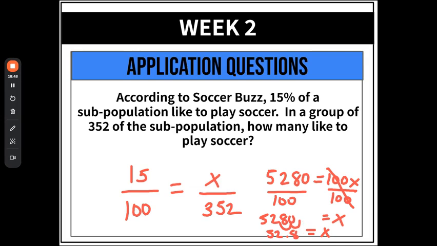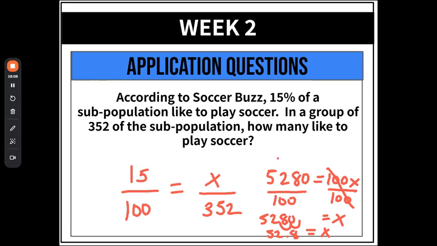All right. So now I have 52.8, but 52.8 what? Because this whole time we've been really emphasizing that it's important to get to the right units. Well, the question is asking for how many people like to play soccer.